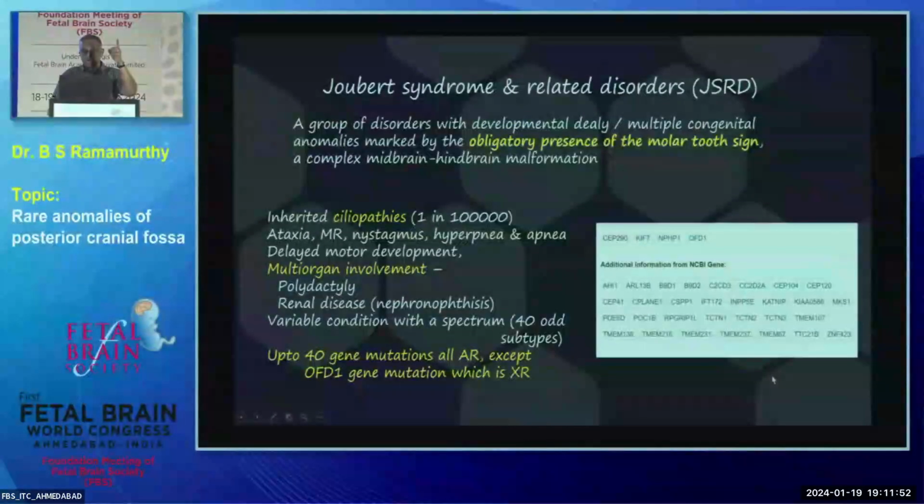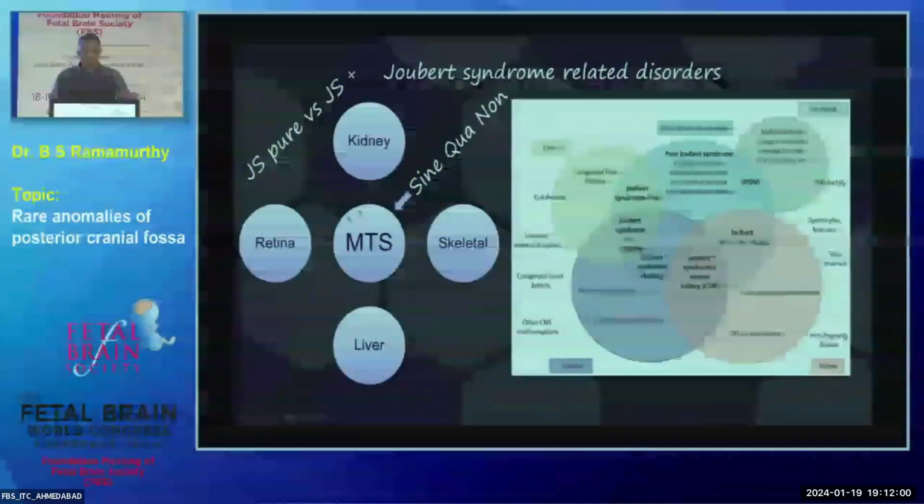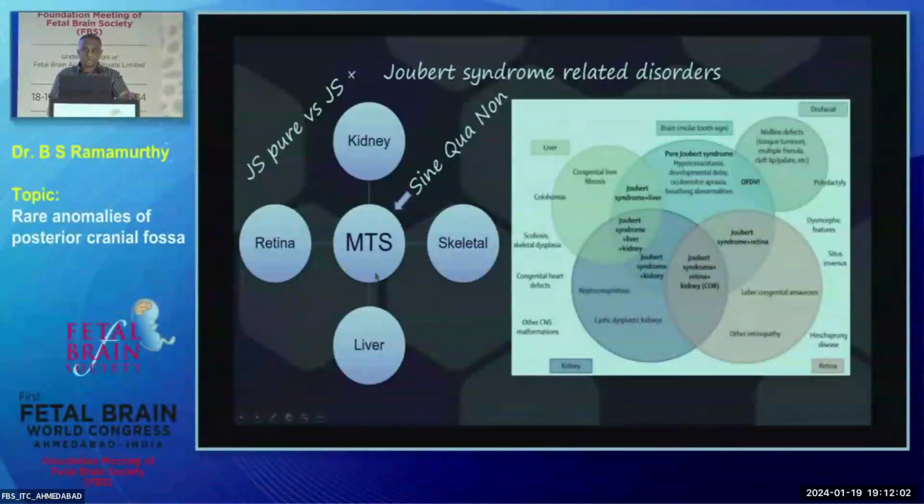We all know what Joubert syndrome is, but what we need to understand is the sine qua non of the diagnosis is the molar tooth sign. Without the molar tooth sign, no diagnosis of Joubert syndrome.